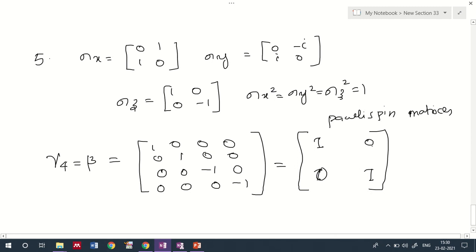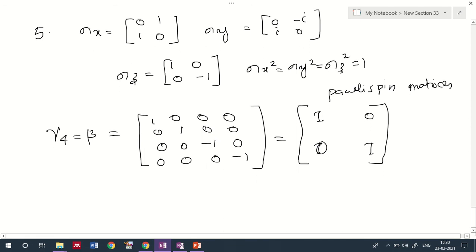The 0 is not simply a number 0, it's a null matrix. And one thing we are able to understand is that gamma 4 should always be a 4 by 4 matrix, so it should be represented like this. This is not exactly the beta, so we will represent that later.